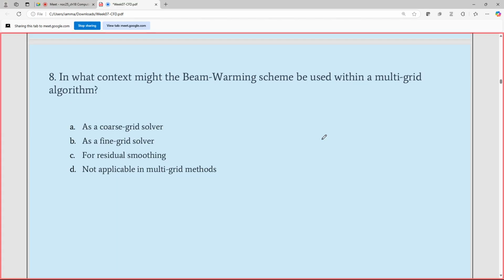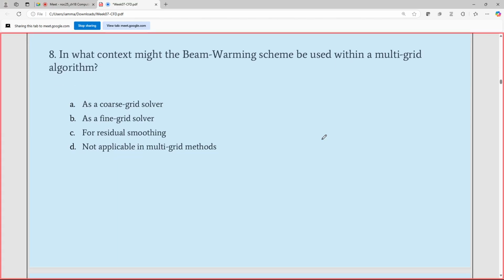Moving to next question. Next question is on beam warming scheme. In what context might the beam warming scheme be used within a multi-grid algorithm? Options are: A, as a coarse grid solver, option B, as a fine grid solver, option C, for residual smoothing, option D, not applicable in multi-grid methods.